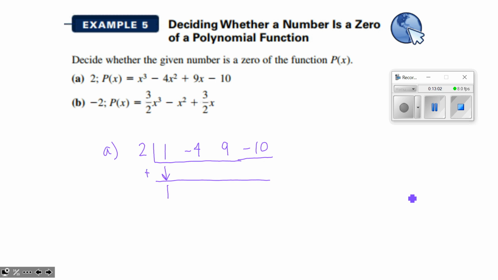I'm going to multiply 2 times 1 is 2. I'm going to add, I get negative 2. So I get negative 4. I get 9 minus 4 is 5. 2 times 5 is 10. I get a remainder of 0. So what that means is 2 is a 0 of the function, and we will look at that graphically also.